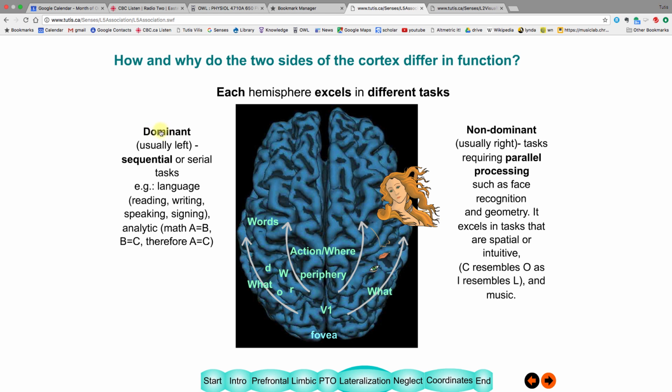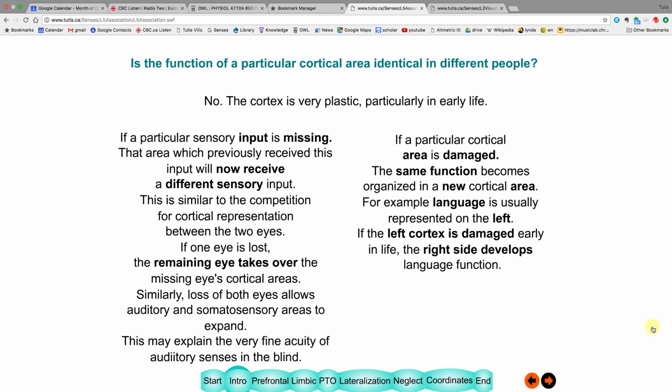I had a question about the last thing you said about the language. If it expands into the right hemisphere, will it take away from another cortex's functions? It will no doubt diminish something because you only have a finite number of neurons.